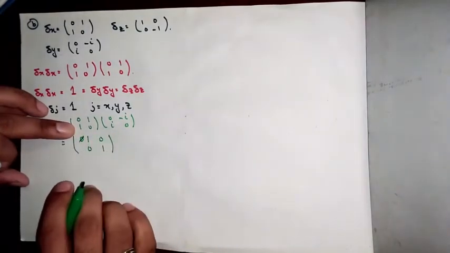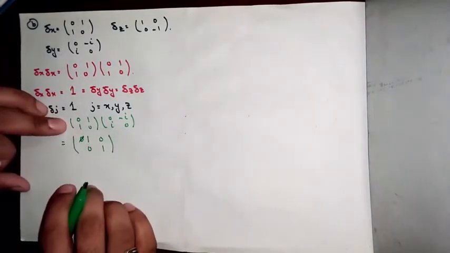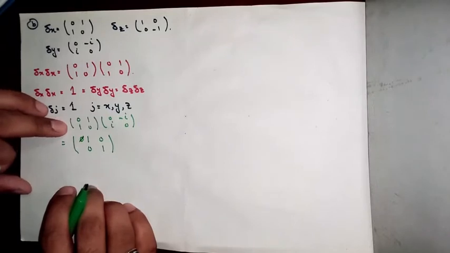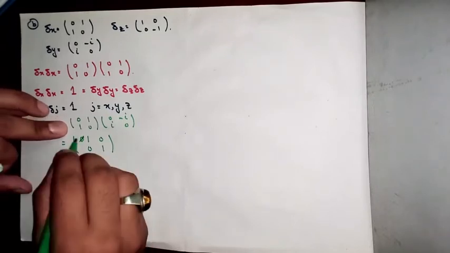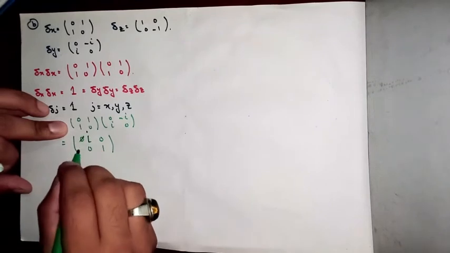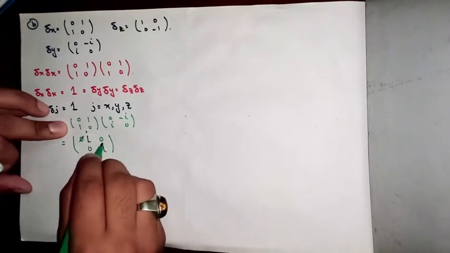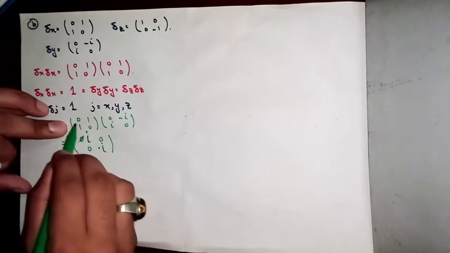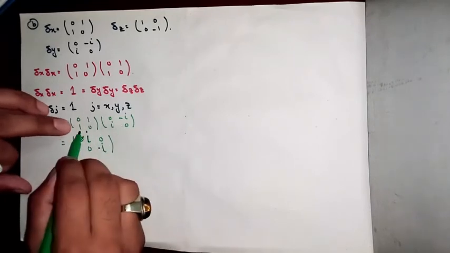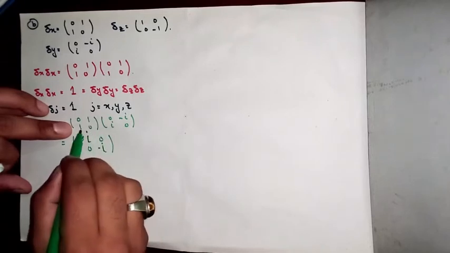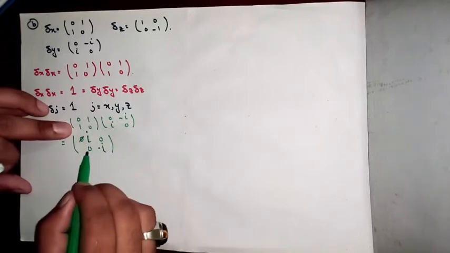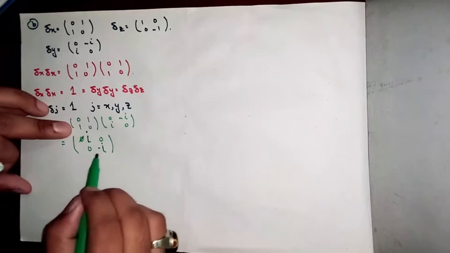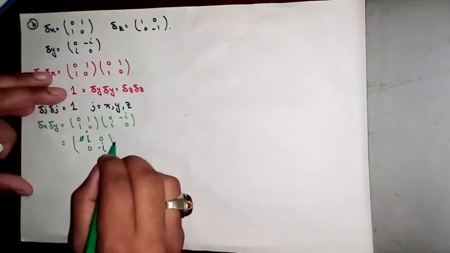You can multiply this, and this is i and this is minus i. If we multiply the first row with the first column, the first row with the second column, the second row with the first column, and the second row with the second column, we get i, 0 and 0 minus i.